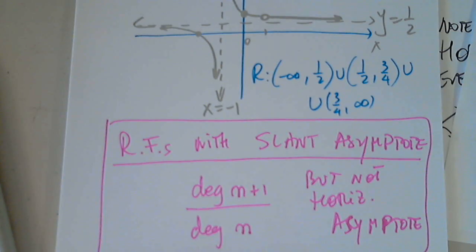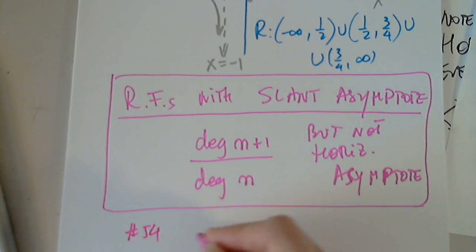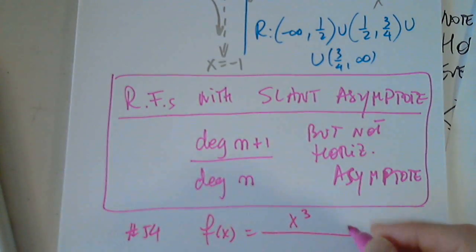And I'm trying to find here one that is nice, but I'm not capable of finding one that is nice. So let's look at 54. So the function is f of x equals x to the third over x squared minus 1.